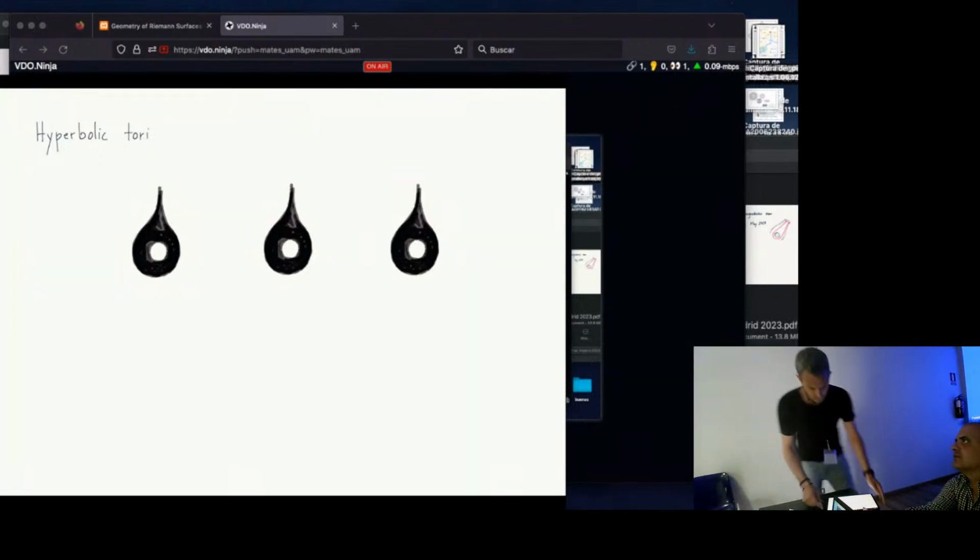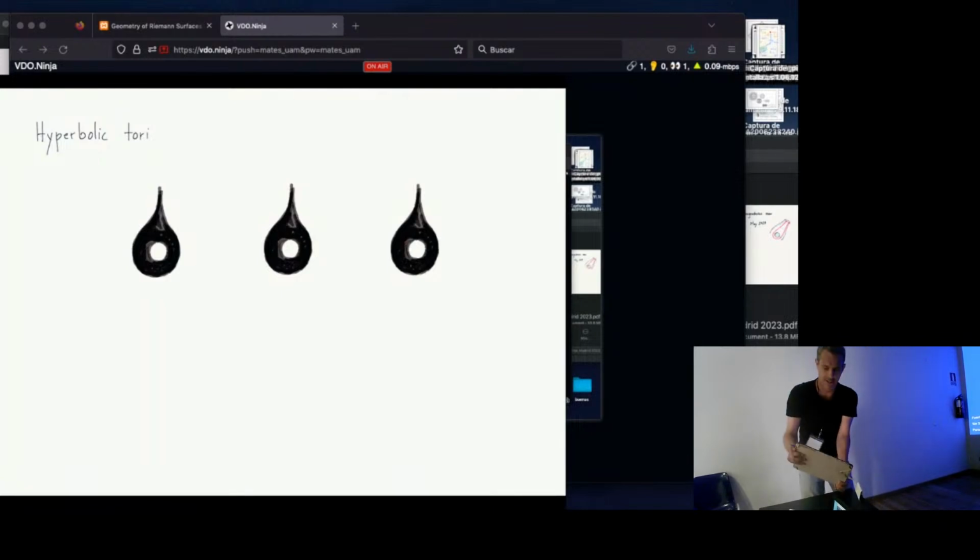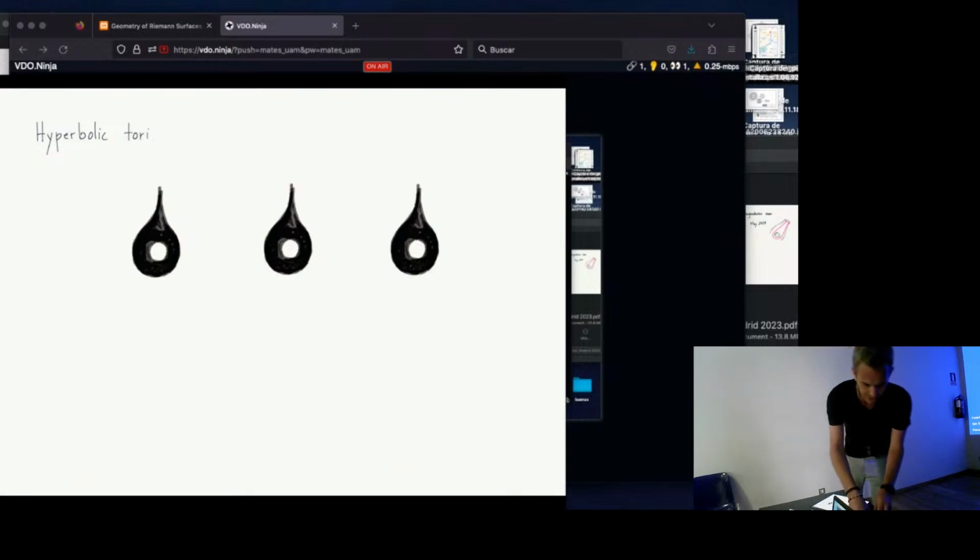Is anything going to appear? No, just looking at the wall.